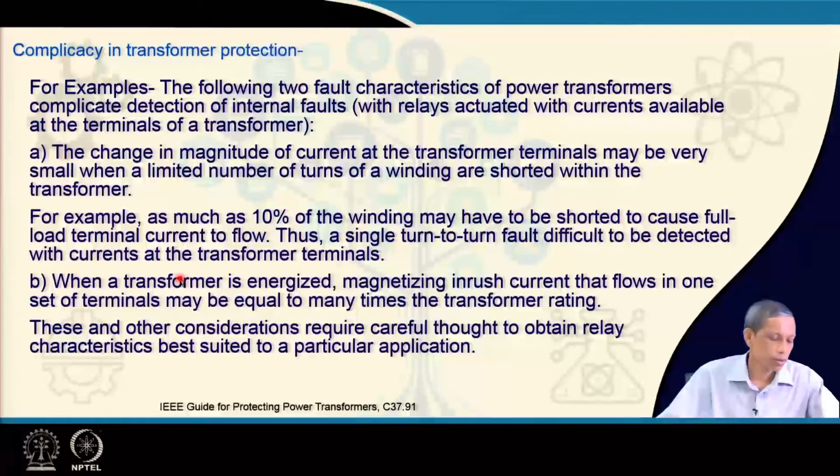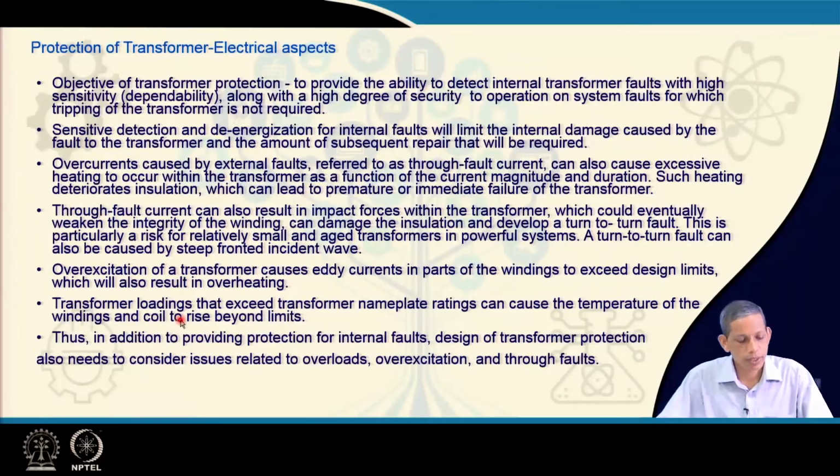Transformer loading that exceeds the nameplate rating can cause a temperature rise, a thermal limit violation, and may also deteriorate the winding insulation. Therefore, in addition to providing protection for internal faults, the design of transformer protection also needs to consider overloads, over excitation and through faults, because these are related to the life of the transformer, and the protection scheme should address these points also.